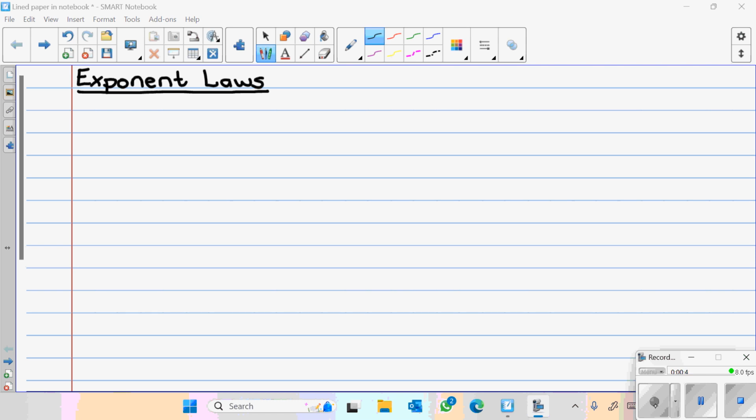Now, if we start off with law 1, actually they're not numbered, but we always call it law 1. It's the one that says if you have ground numbers that are multiplied with each other, but the ground numbers are the same, then you add your exponents.